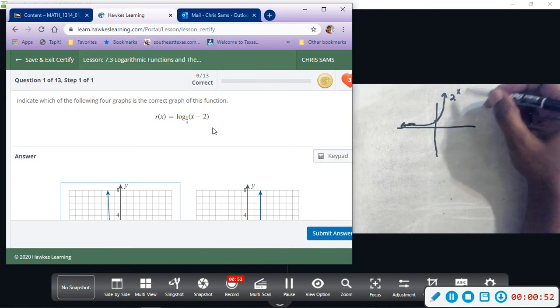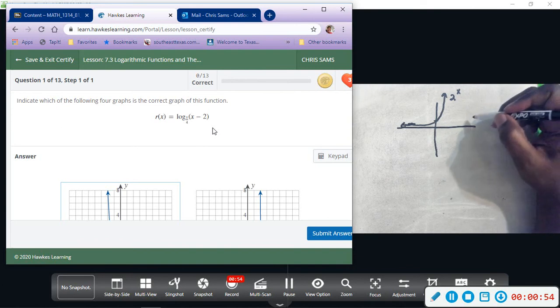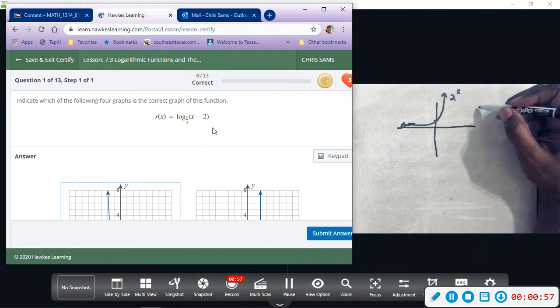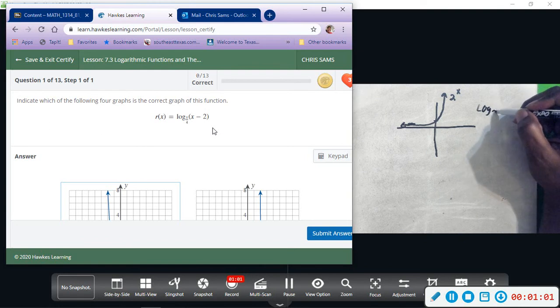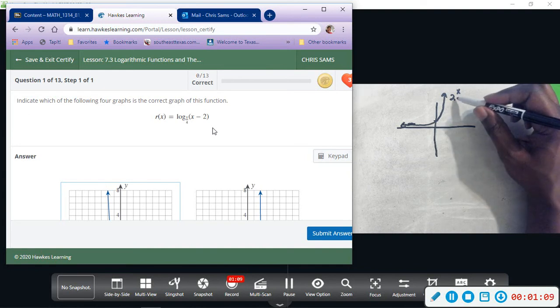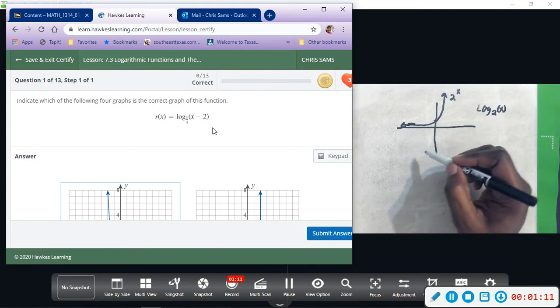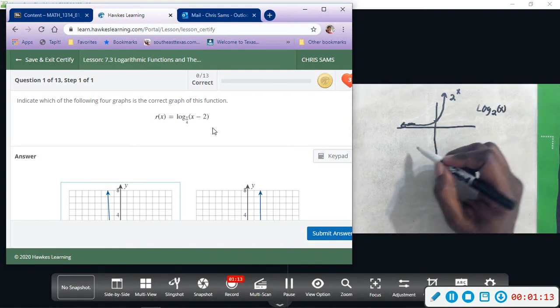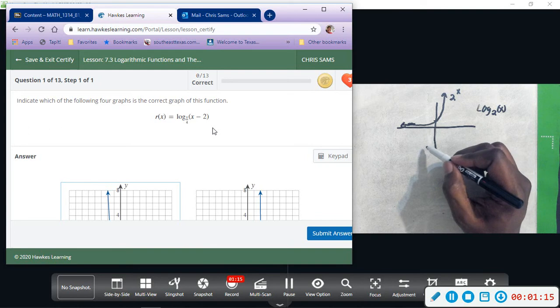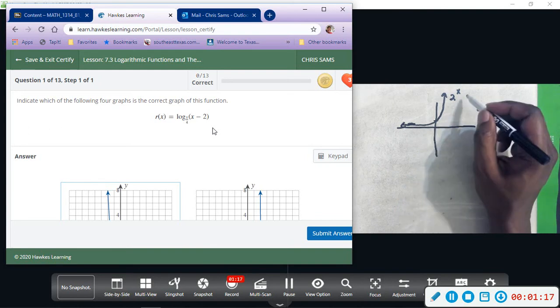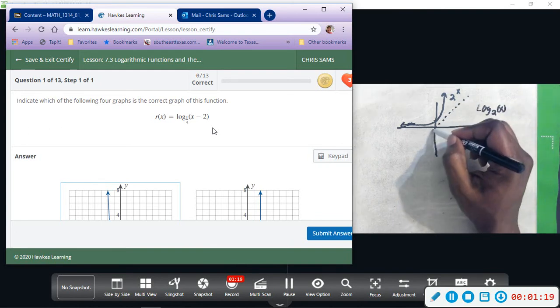Now the log, okay, when we rewrite this, the inverse of that would be log base 2 of x. Okay, so whatever the base of the log is, that represents the exponential. Now it is the inverse, so this graph is going to be the mirror image, like if you flipped it across the line y equals x.